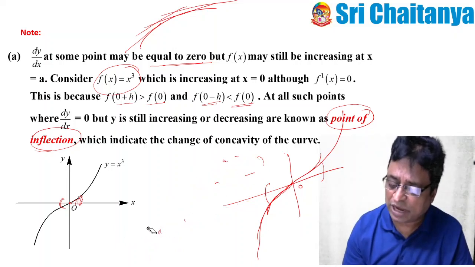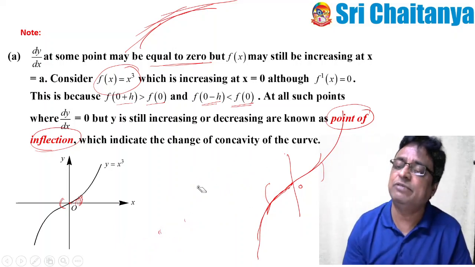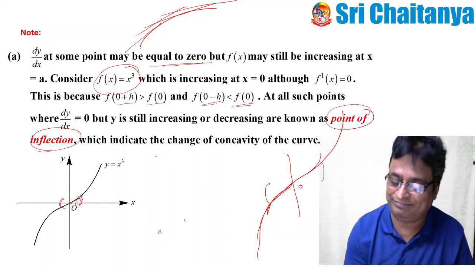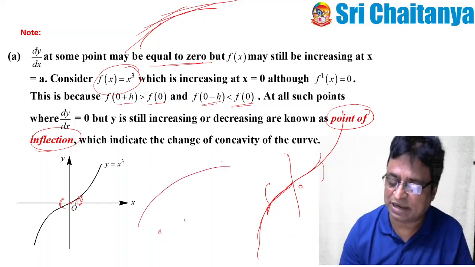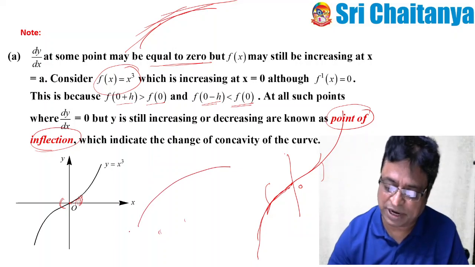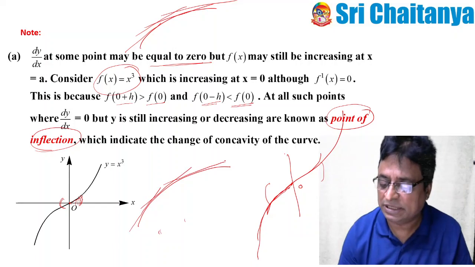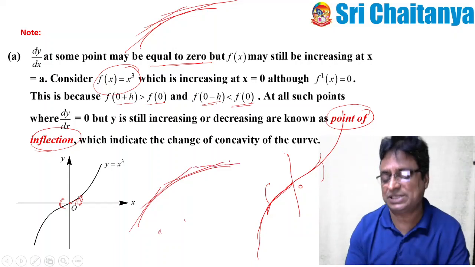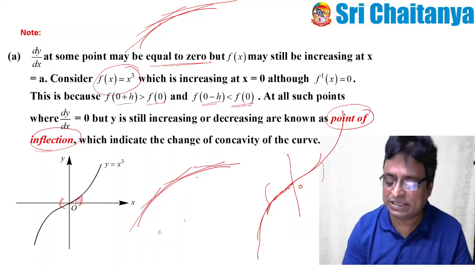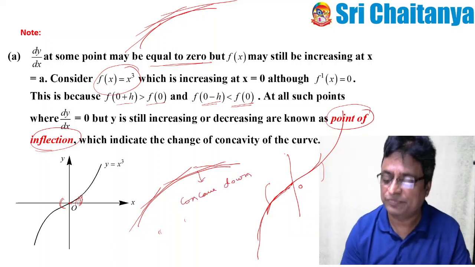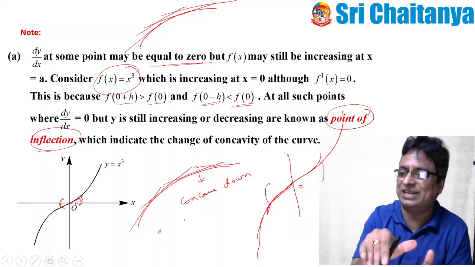Whenever the curve lies below the tangents, then we can say that the curve is concave down. See, here this is the curve. What happens if you are drawing tangent at each and every point? Your curve lies below the tangents. Whenever the curve is like this, this is called concave down, like this.